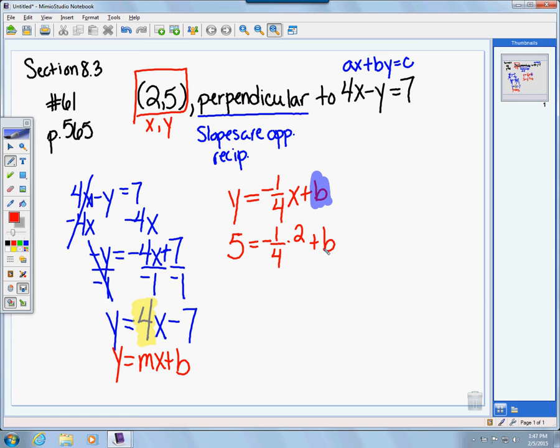And from here, it's just solve for the variable. It's nice in this case because we only have one variable that we have to contend with. We can cross cancel this out. So now I have 5 equals negative 1/2 plus b. We would add 1/2 to both sides.